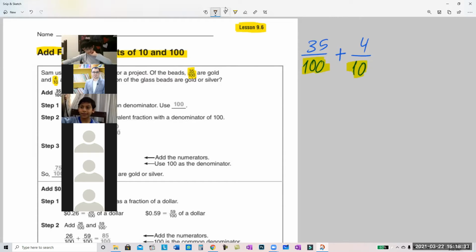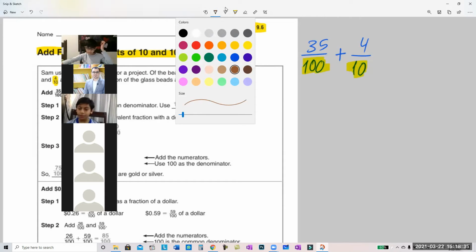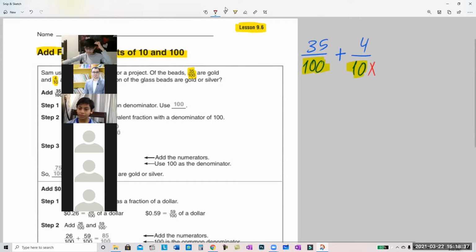So where is the small number in the denominator here? The 10, right? So you have to multiply this 10 by a number to give me 100, okay? So 10 multiplied by what to give me 100? As we studied in the previous lesson, we can multiply by 10 to give an equivalent fraction with denominator 100.